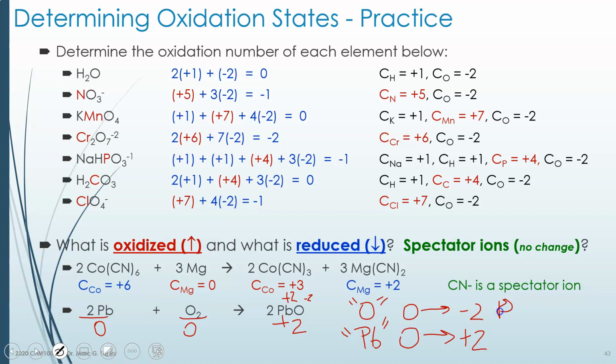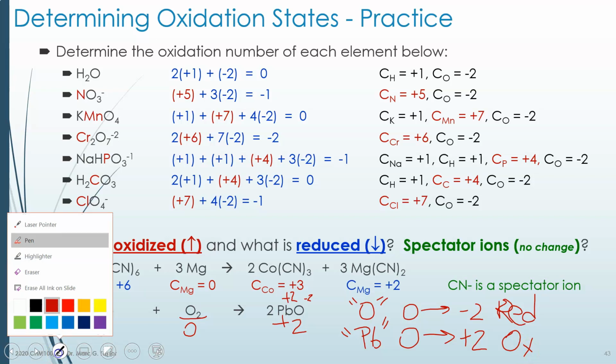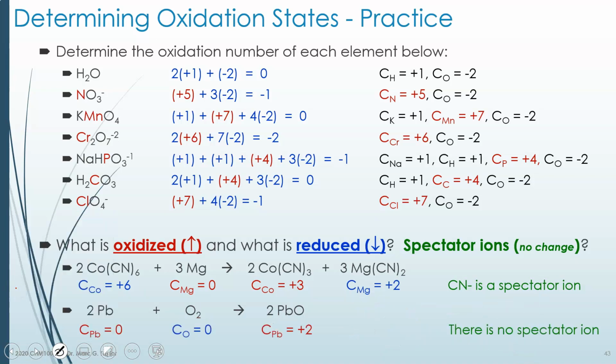This is reducing its value, so there's your reduction, and this is increasing, so that's your oxidation, and there is no spectator ion. I'm going to delete this and show you the neatly written version right there, and that's that. So oxidation loses electrons, becomes more positively charged, and reduction gains electrons, becomes more negatively charged. Now, it doesn't mean it becomes negative, it just means it becomes more negative.